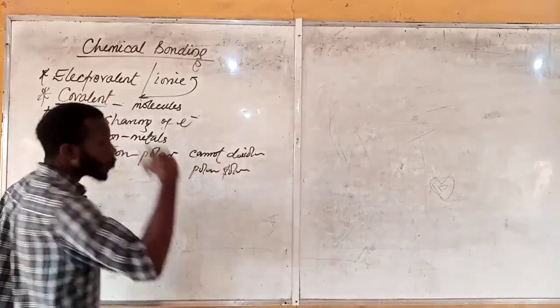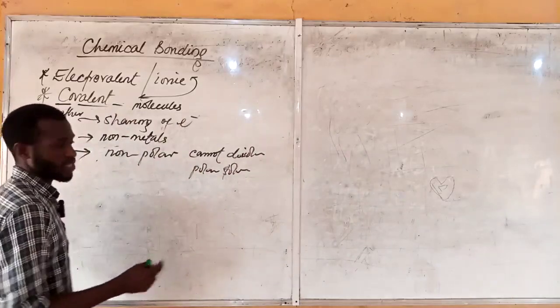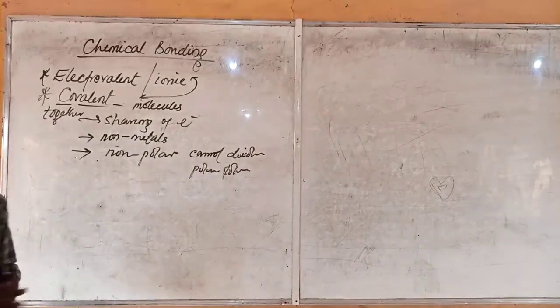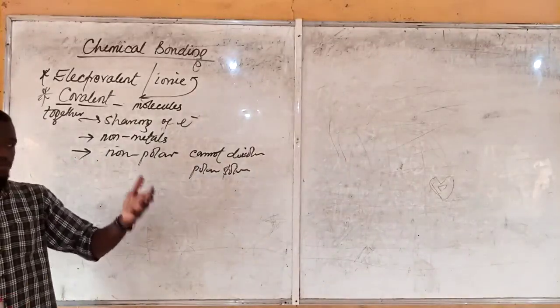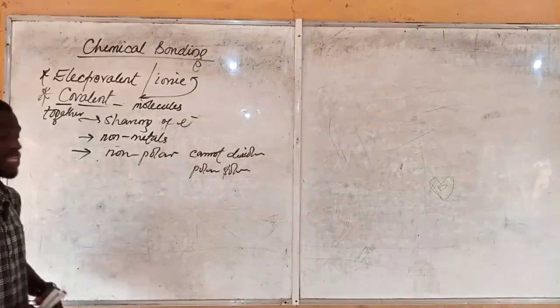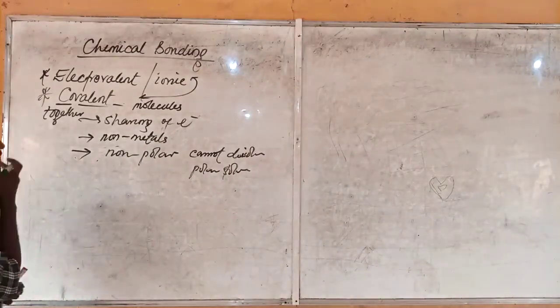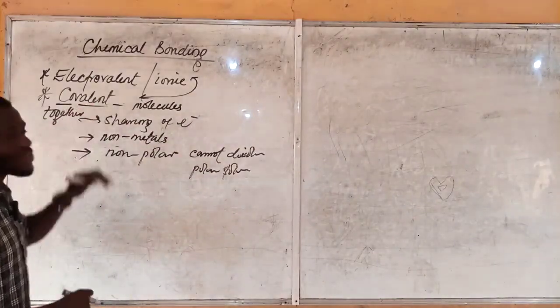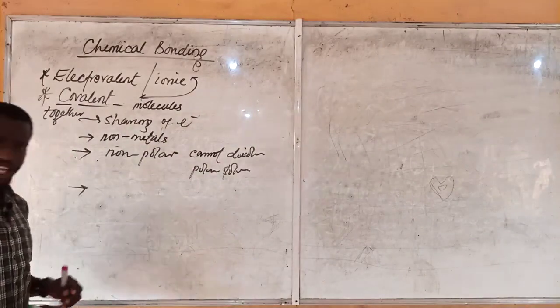Which means they can only dissolve in non-polar solvents, such as benzene, hydrocarbons, toluene, oils, etc. So that is what they can dissolve in. Now, the next thing is that since they are not polar, the covalent bond is not as strong as the electrovalent bond.